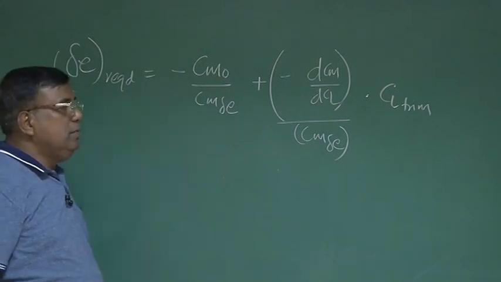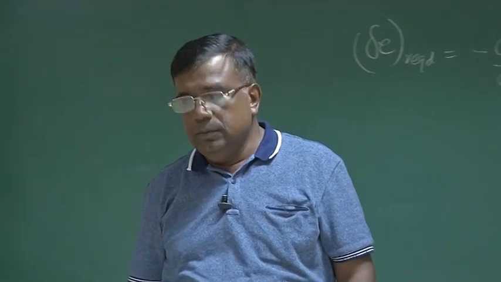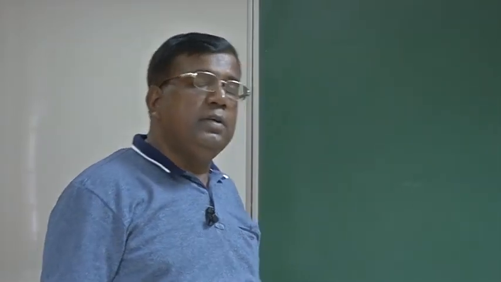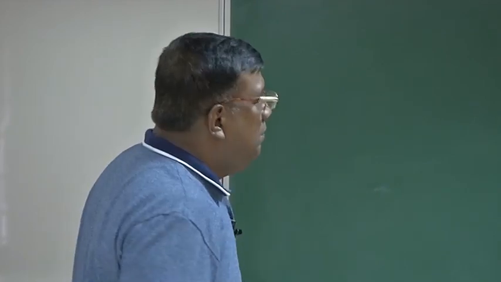Cm naught was the pitching moment at alpha equal to 0. And who are the contributors for Cm naught? The primary contributor was the tail. If I set the tail at a negative setting angle, it will give a positive Cm naught.